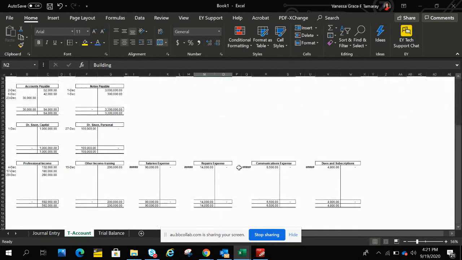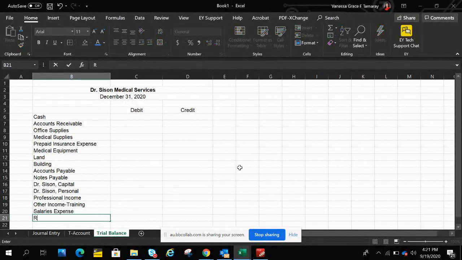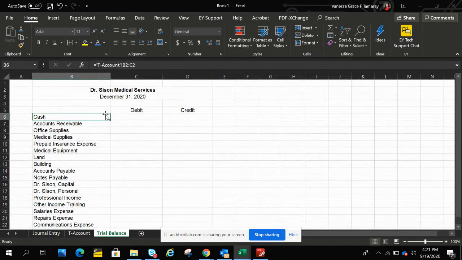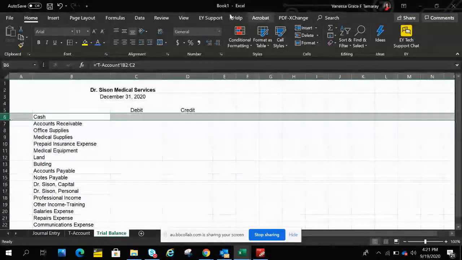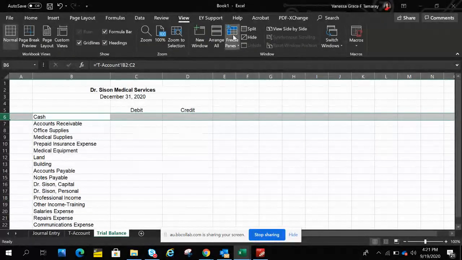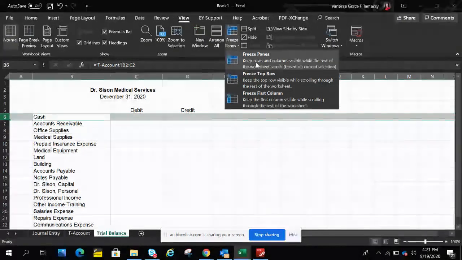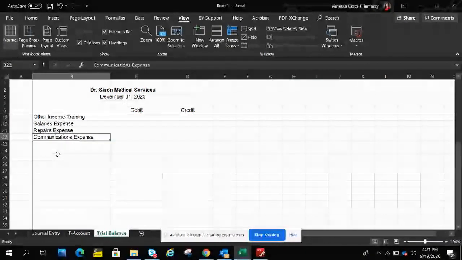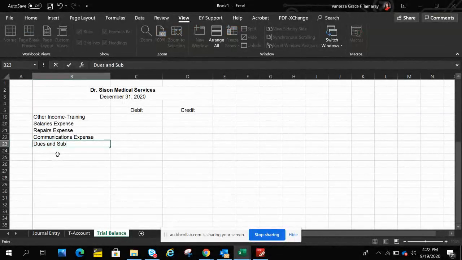May mga expenses natin. Rent, repairs expense, commission, and dues and subscriptions. Communications expense. Dues and subscription.